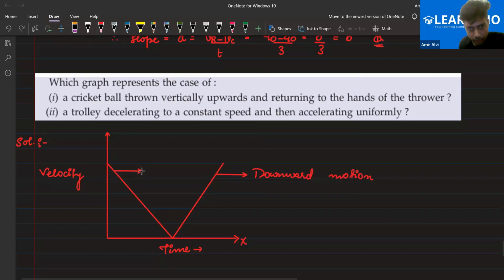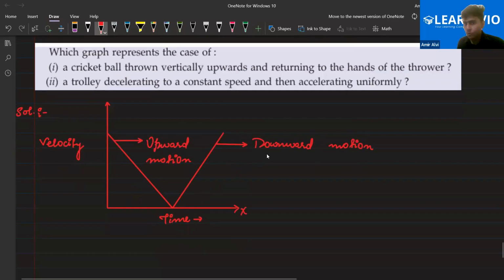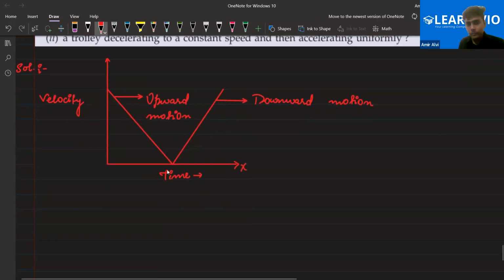Is there anyone who is having doubt till now? All clear to all of you? So upward motion and downward motion, right? At this point, the velocity would be 0.